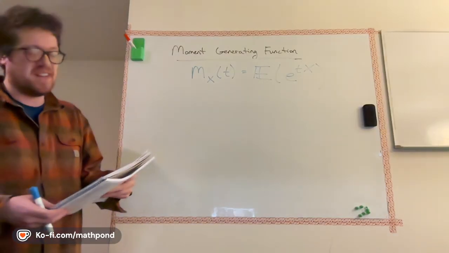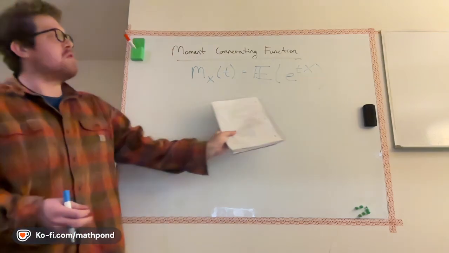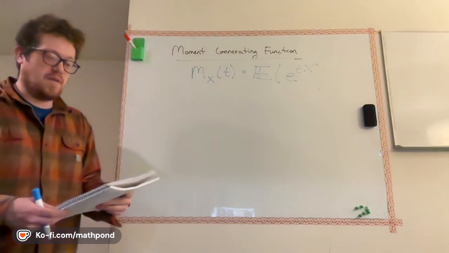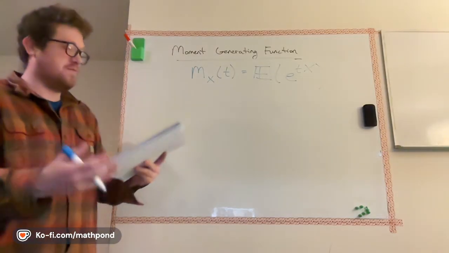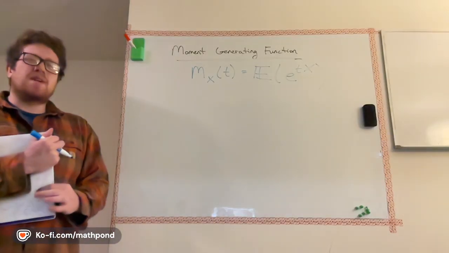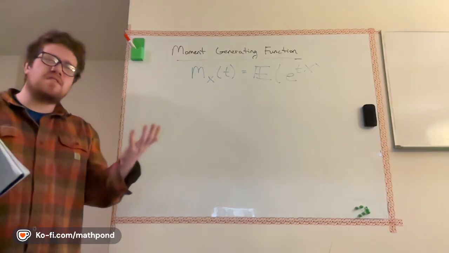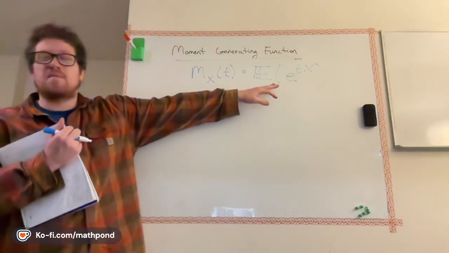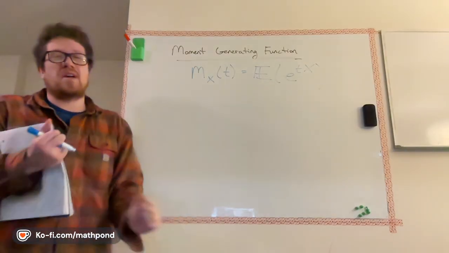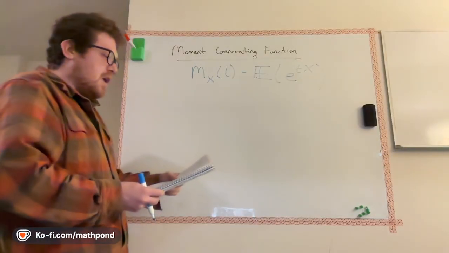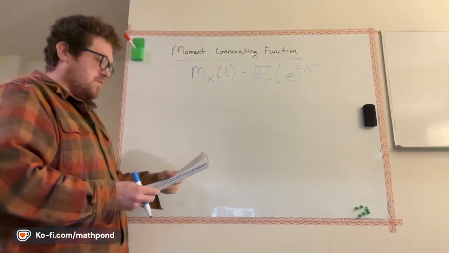Well, it doesn't generate them, but the coefficients of the Taylor series of such an object are basically the moments. It's similar to how a Taylor series has the derivatives as its coefficients. Here we're dealing with random stuff, so the moments show up in the coefficients in some way.